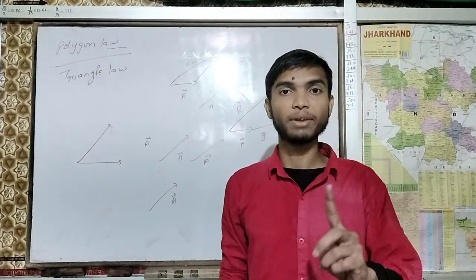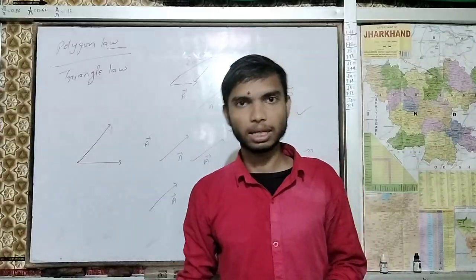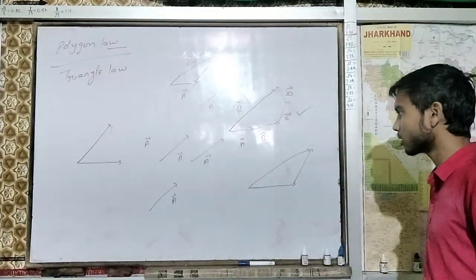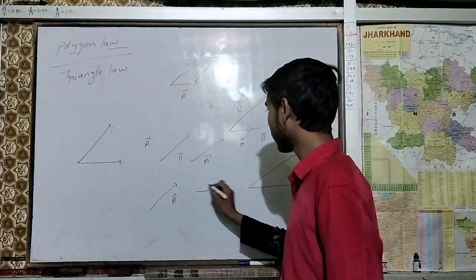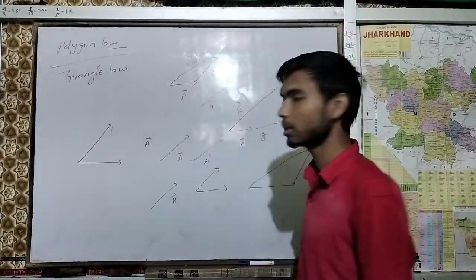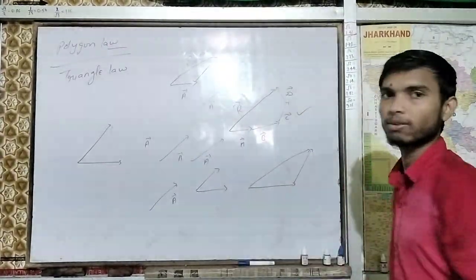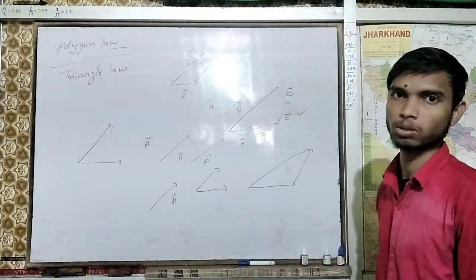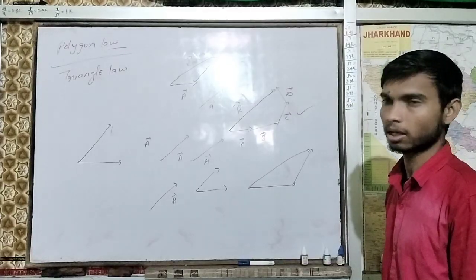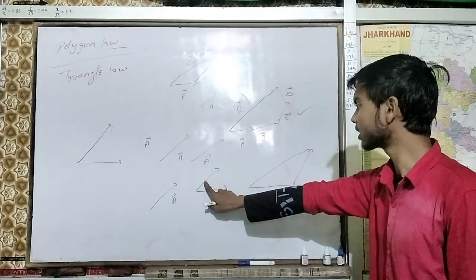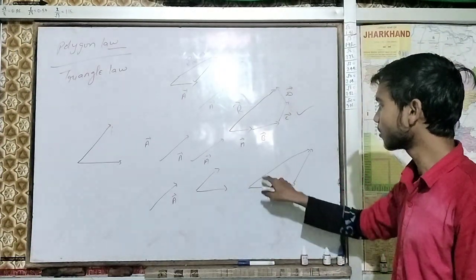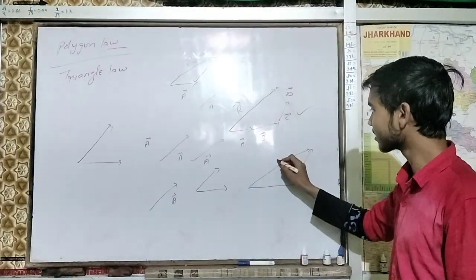This happened when we shifted a vector. Then it became possible. The question was like that. But without shifting the vector, it was impossible to bring a resultant vector. When we shifted this over here, then it became possible to bring this resultant vector.